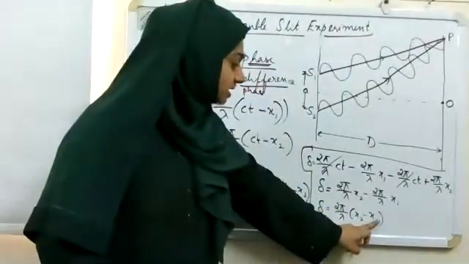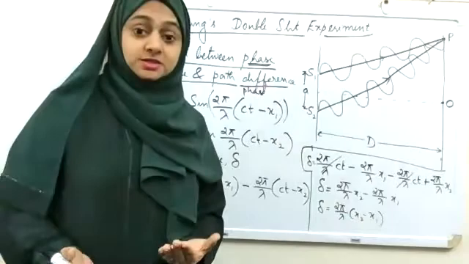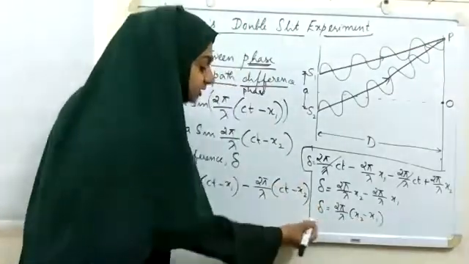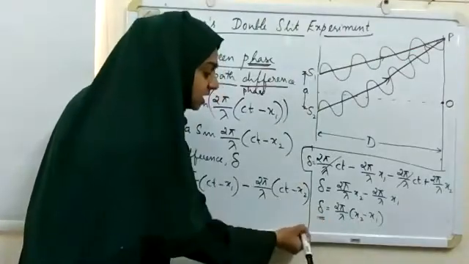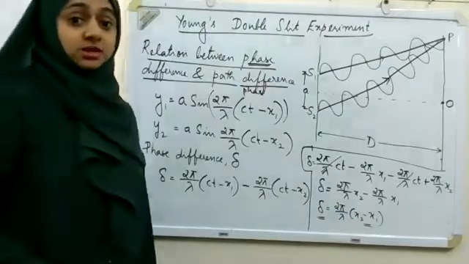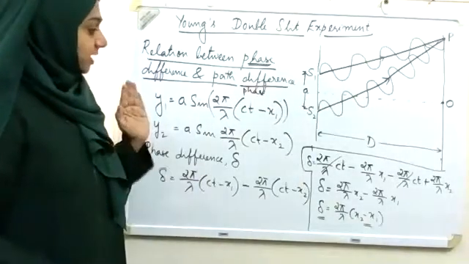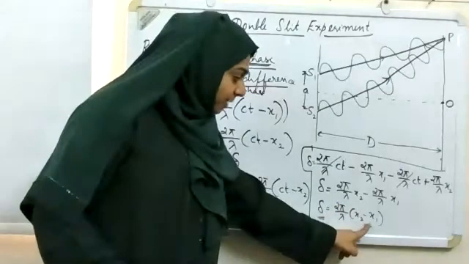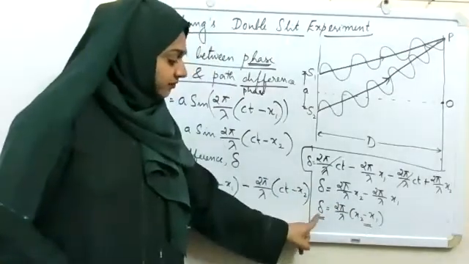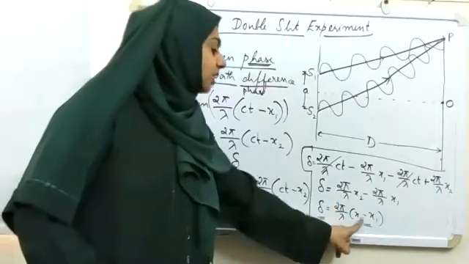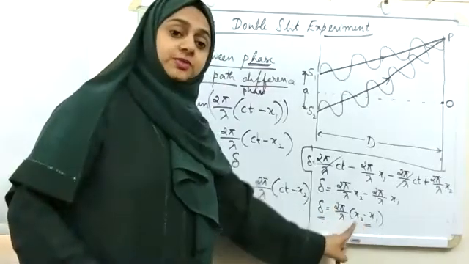So here I got a relation between phase difference delta and path difference, that is x2 minus x1. The relation is: phase difference is equal to 2 pi by lambda times the path difference. Is that clear?